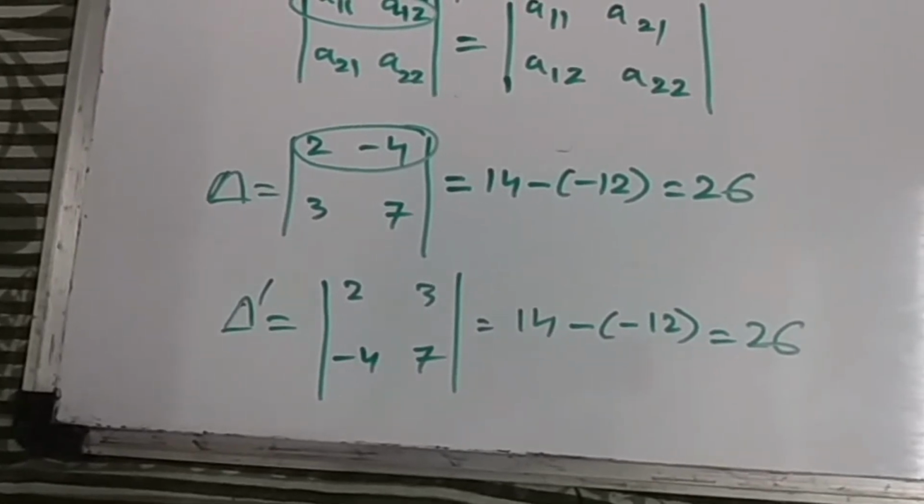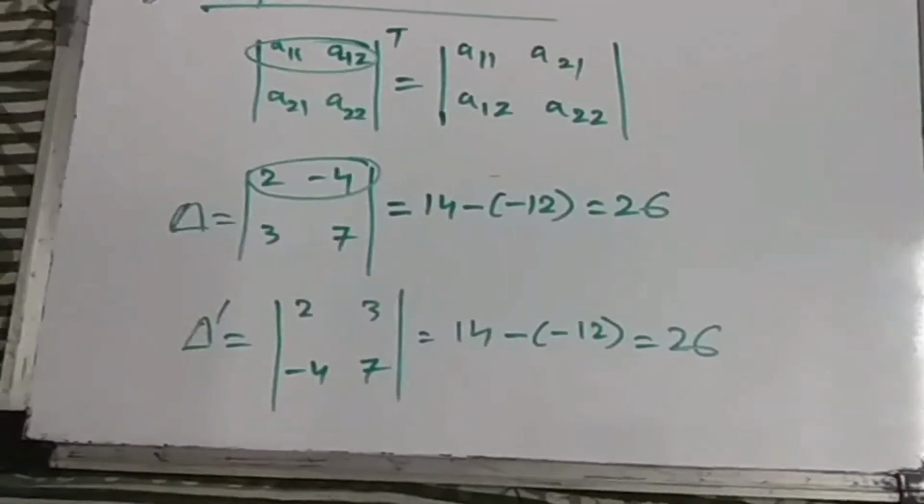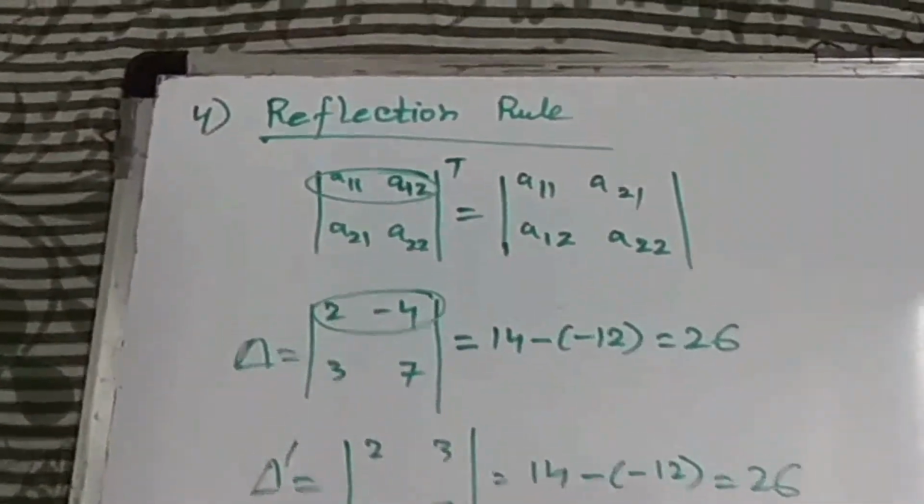It means what? After transposing rows and columns, means after interchanging rows and columns, the value of del will be same.